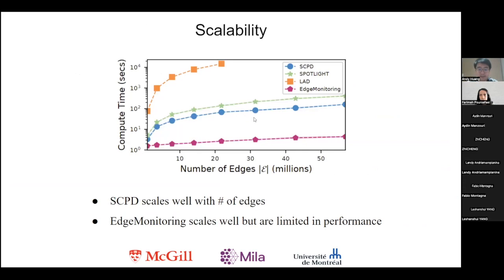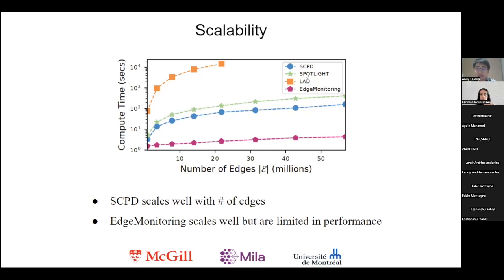And a very quick plot about the scalability of SCPD. We can see that SCPD can scale close to linearly with the number of edges. For example, the computational times in seconds are only a few hundred seconds when you go to 30 and 40 million edges in the graph.